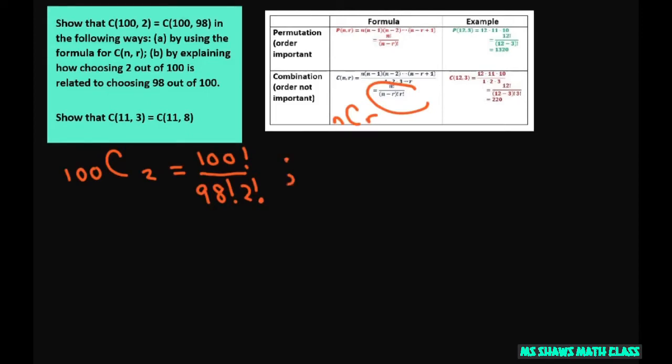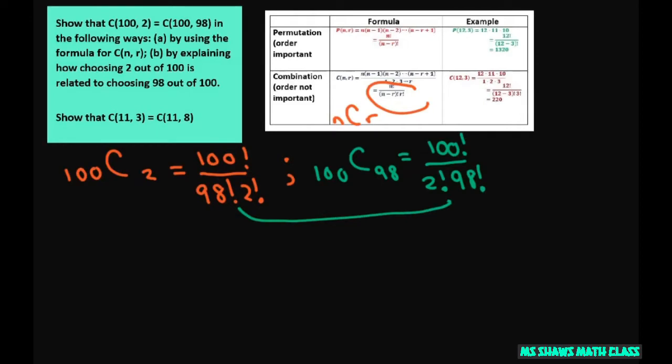Alright, now we have 100 choose 98 equals 100 factorial divided by 2 factorial times 98 factorial. Now this is the same as this one because you can just switch the numbers.